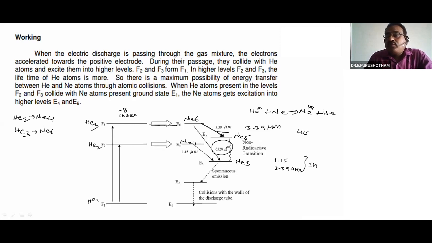The visible wavelength range is 4,000 angstroms to 8,000 angstroms, as you know very well. The 1.15 and 3.39 micrometer radiations are not between 4,000 and 8,000, so they are invisible. But 6,328 angstroms lies between 4,000 and 8,000, so it is visible.